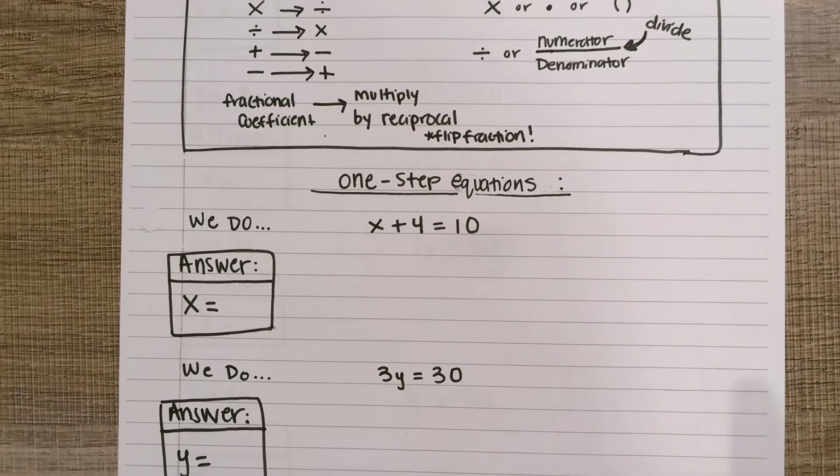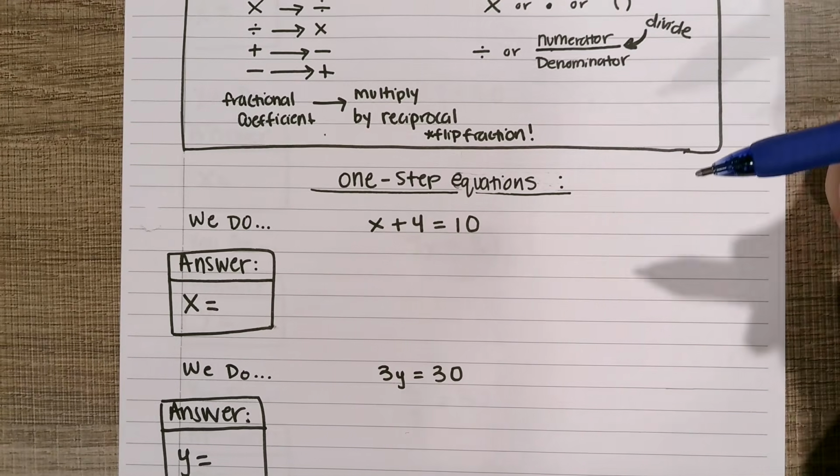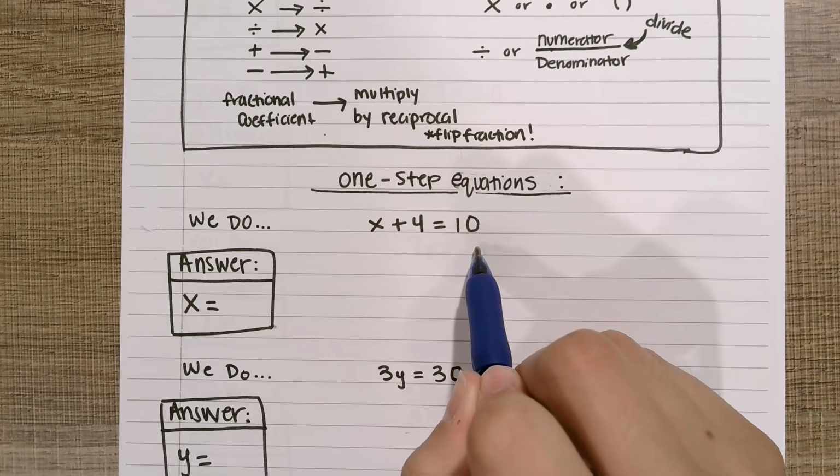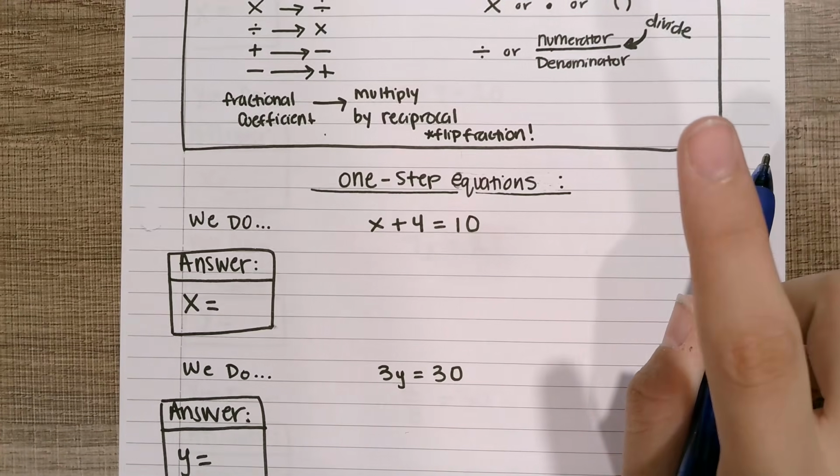So now we're going to do a one-step equation together. So when solving one-step equations, there's pretty much one step that we're going to have to do to get to the x.